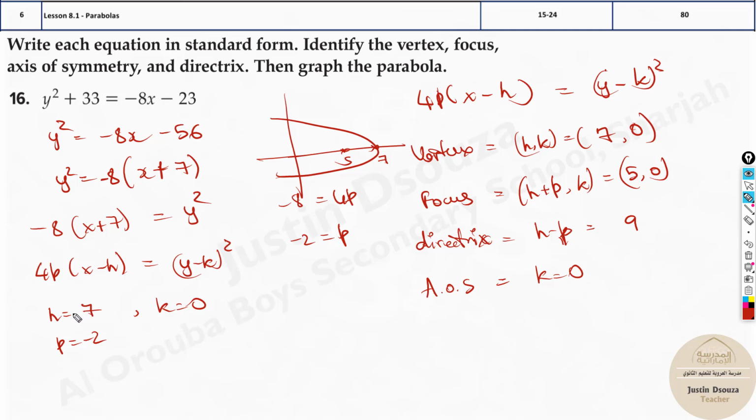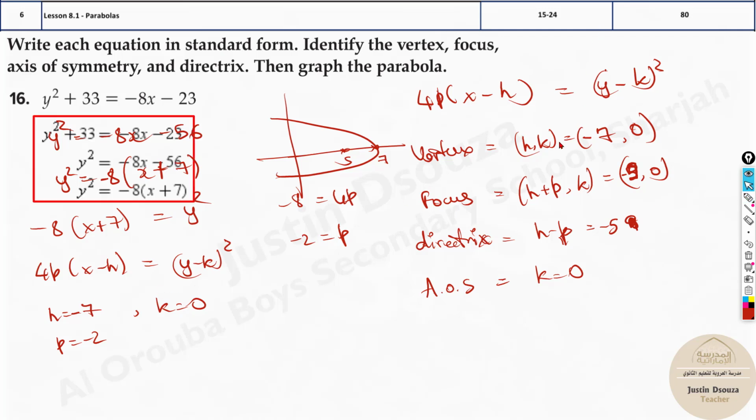It's plus, and the h value is minus. Now here this is minus, and what happens over here? H plus p, minus and minus will be minus 7, minus 9 here, and over here it will be minus 5. So these are the answers. You see, just by a simple mistake, I got the entire wrong answers.